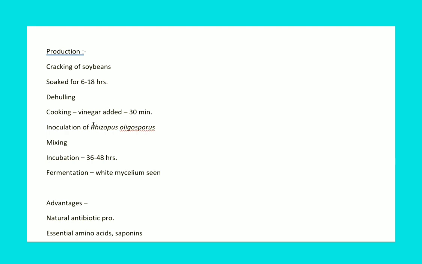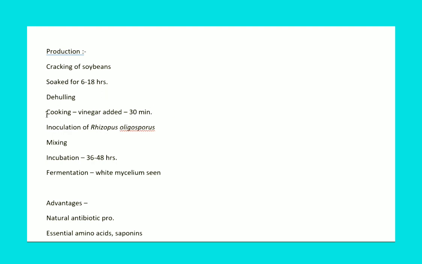After dehulling, the soybeans are cooked in the presence of vinegar for about 30 minutes, and the water is drained off. Then the soybeans are dried by heating for a few minutes, and then cooled to room temperature, about 35 degrees Celsius.